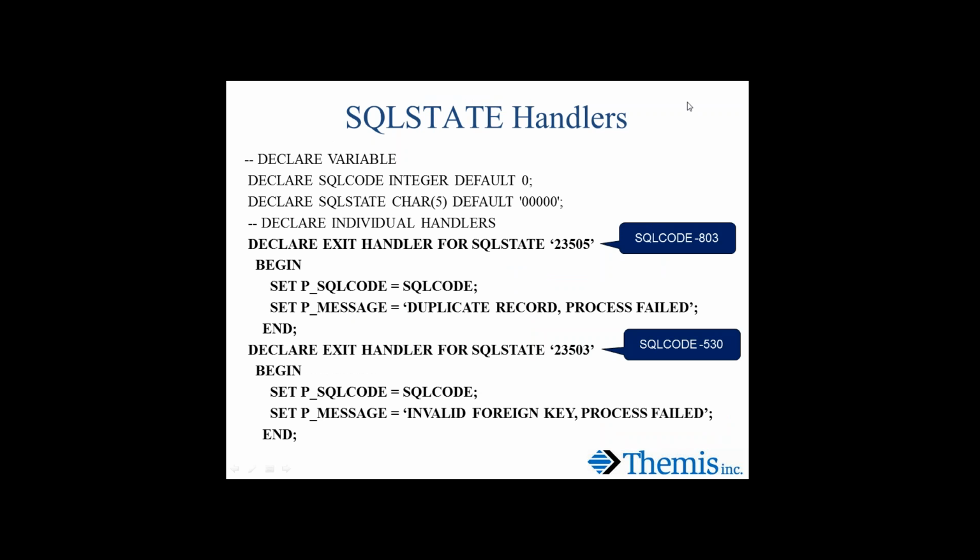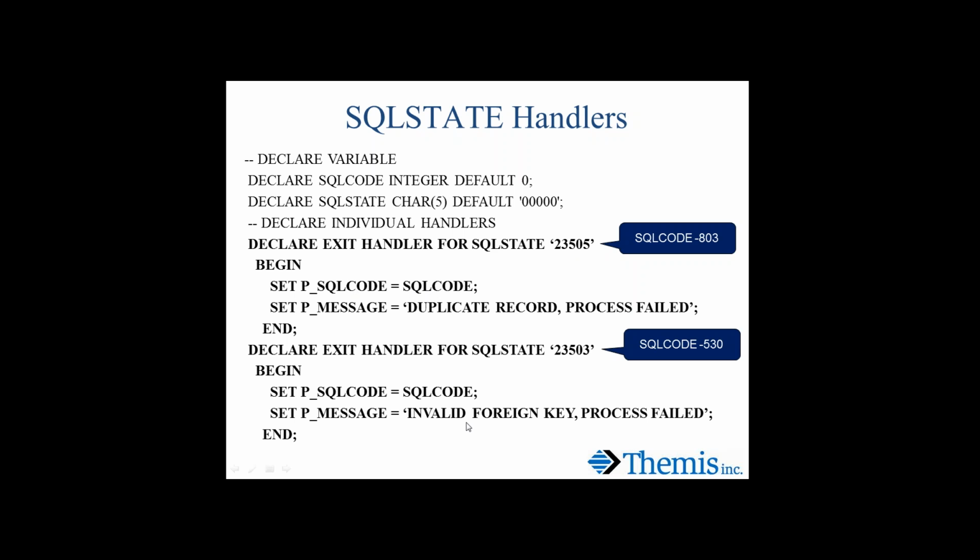Now, when you're looking at specific SQL states, for example, you may want to handle your -803s and have a generic scenario where we test for the SQL state, and we'll return a reasonable message to the user. We'll pass back the SQL code, the -803, we'll pass back the message, duplicate record, processing failed, so that they know they attempted to insert a duplicate record.